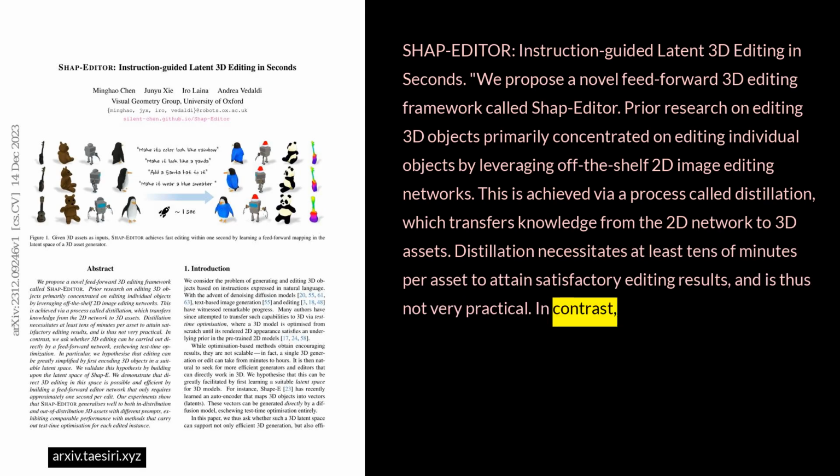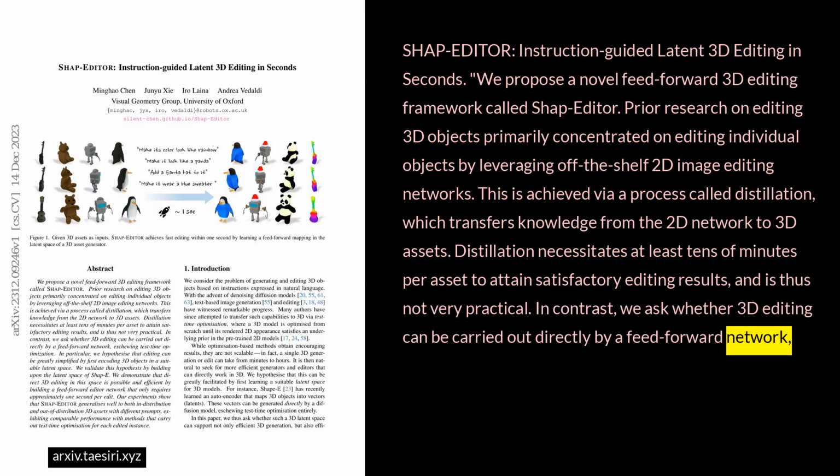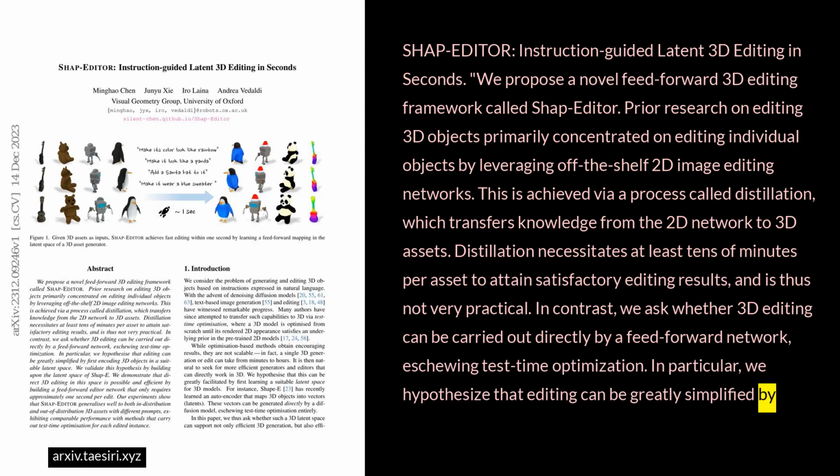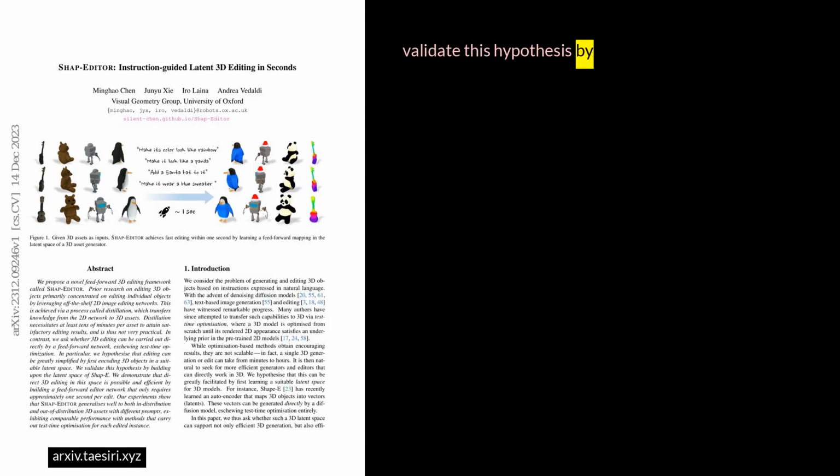In contrast, we ask whether 3D editing can be carried out directly by a feed-forward network, eschewing test time optimization. In particular, we hypothesize that editing can be greatly simplified by first encoding 3D objects in a suitable latent space. We validate this hypothesis by building upon the latent space of Shap-E.